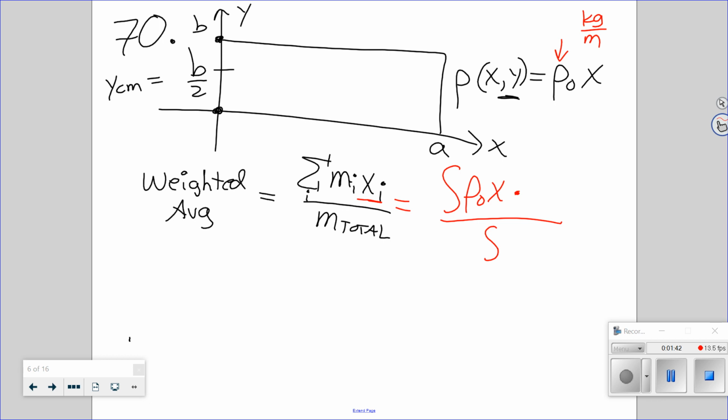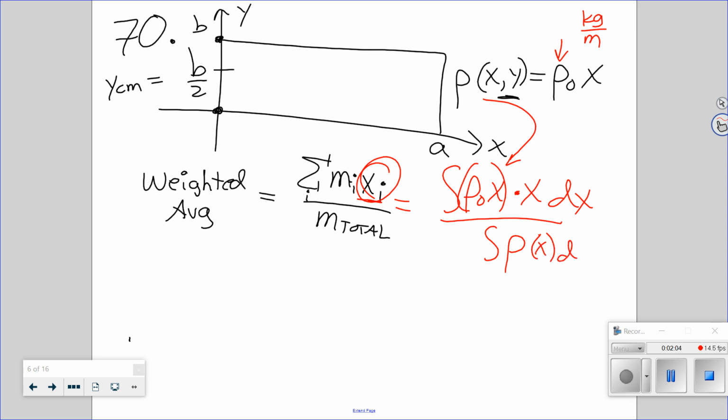That's right, because I need to multiply my little masses. This in itself is the density function. I need to multiply it by a distance and then add them all up. Whereas on the bottom, to get the total, I just integrate the whole function.